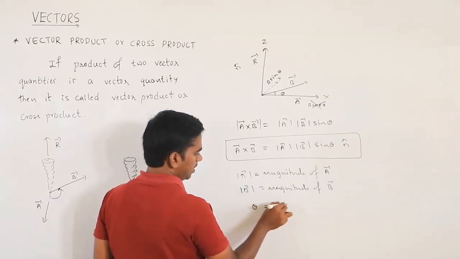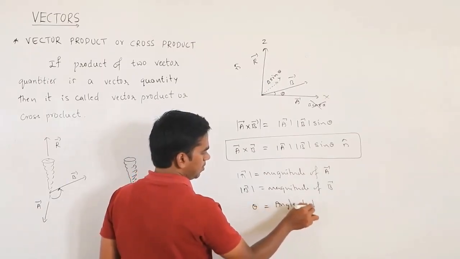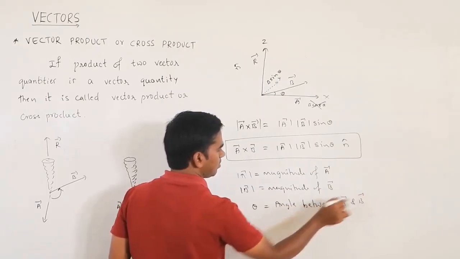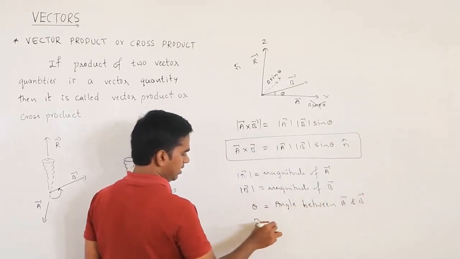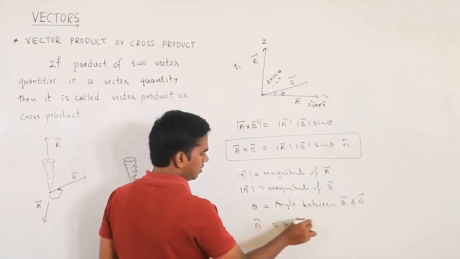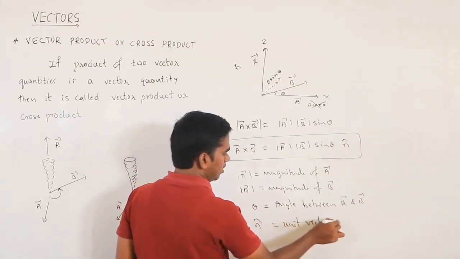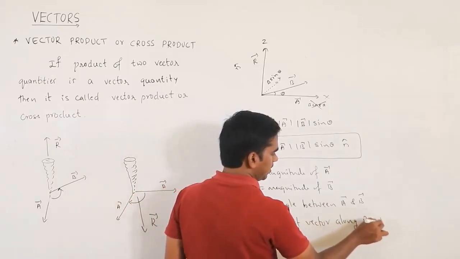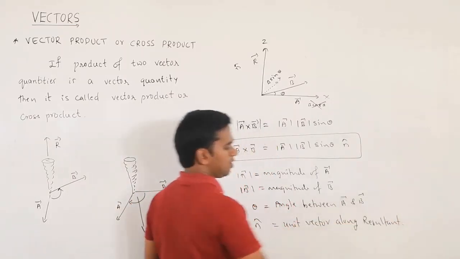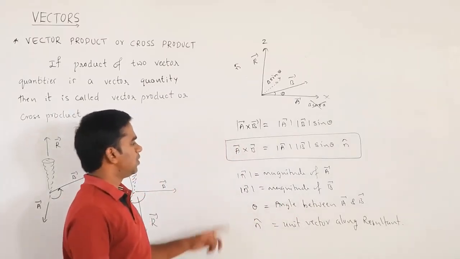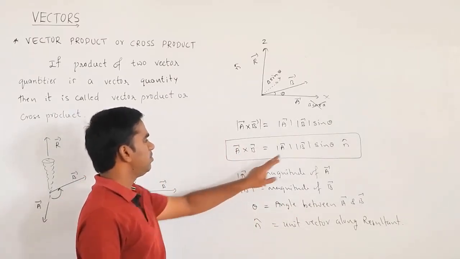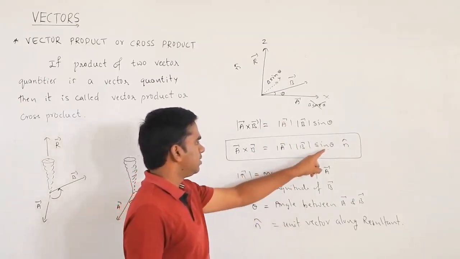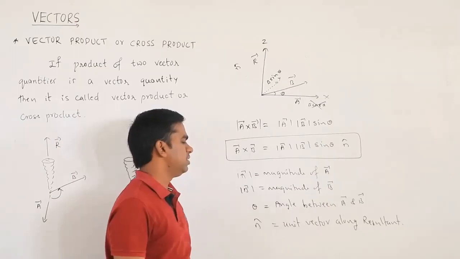Theta is the angle between vector A and vector B. What about N cap? N cap is the unit vector along the resultant. Okay, so remember, very very important, if they give magnitudes and the angle theta, then you can easily calculate.